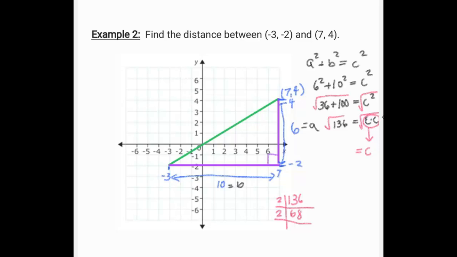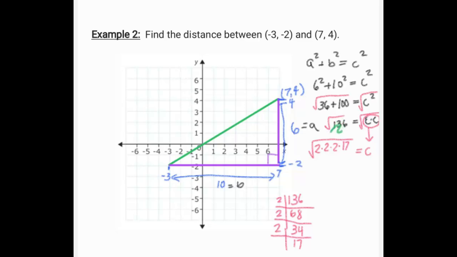2 goes into 68 34 times. Is 34 a prime number? It is not. So a prime number that goes into 34 would be 2. 2 goes into 34 17 times. So now let's take all of our prime numbers and put it back inside our radicand. So we have 2 times 2 times 2 times 17.